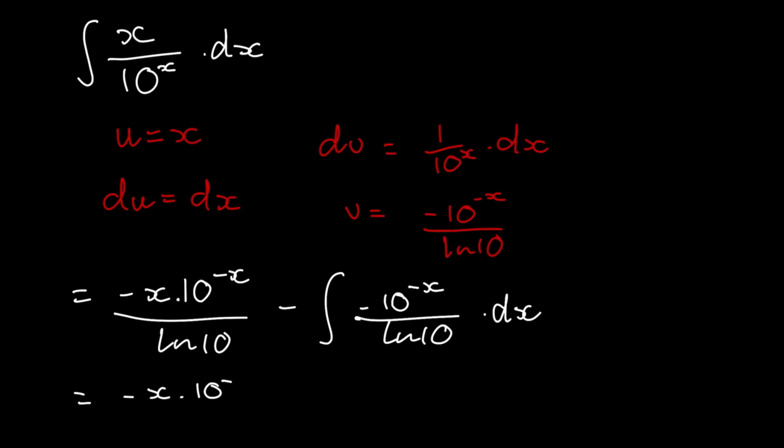If we just write this down quickly. Now we have to integrate negative 10 to the negative x over ln of 10. And we've already seen that when we integrate 10 to the negative x, we get this. And now if we're going to integrate 10 to the negative x again, we'll get the same thing.